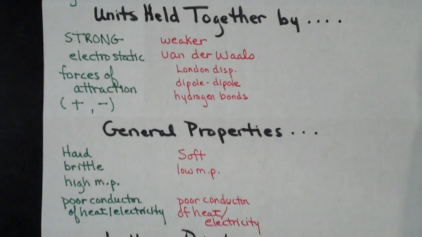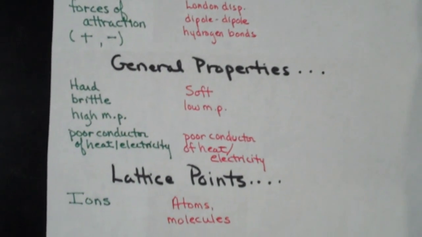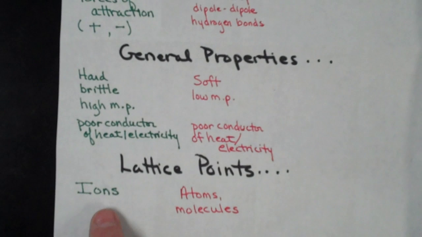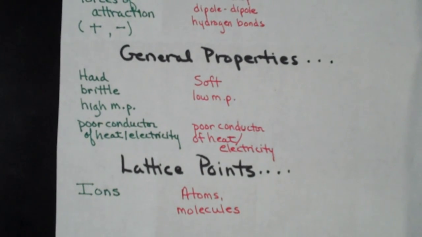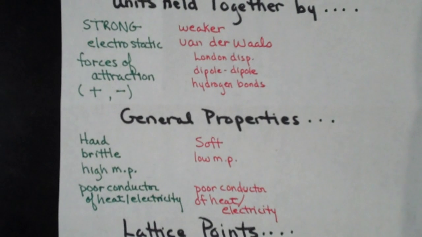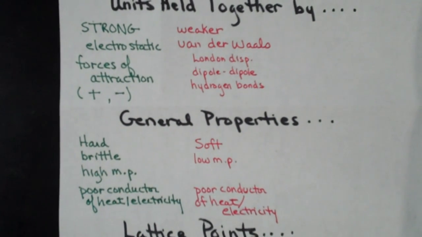If you look at the crystal lattice, or the unit cells, at the lattice points you have your ions. These ions at the lattice points on the unit cell give us strong electrostatic forces of attraction. And this explains our general properties of ionic compounds.